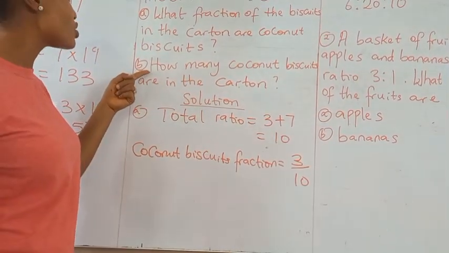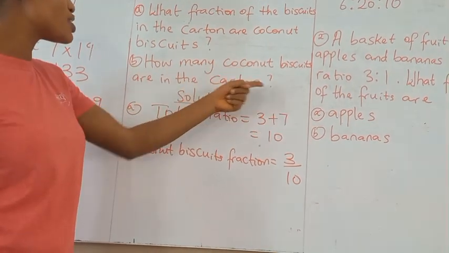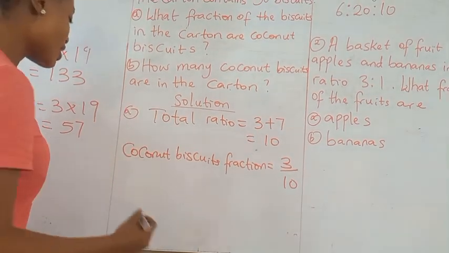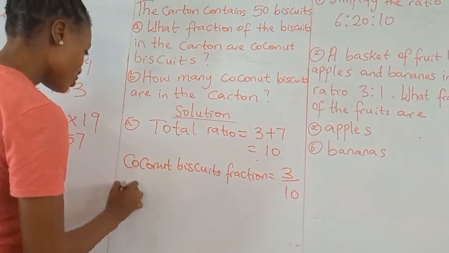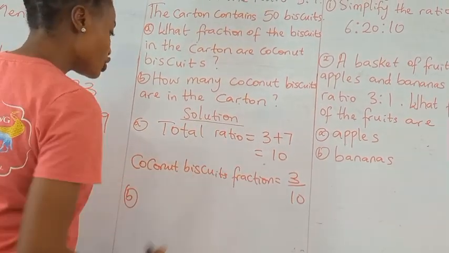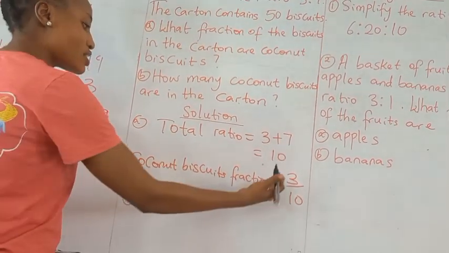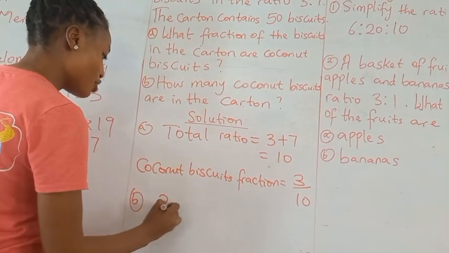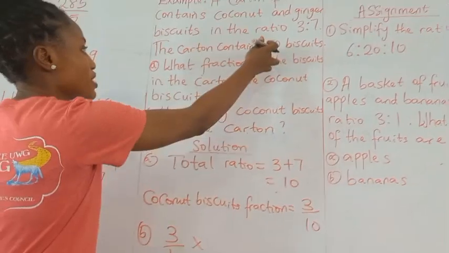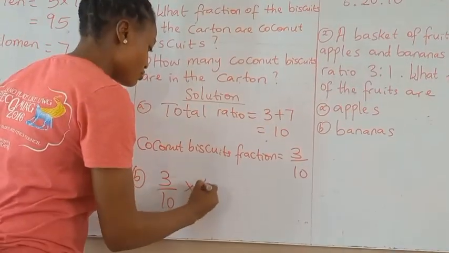Now the second question. How many coconut biscuits are in the carton? Don't forget, you already did the total ratio. So to know how many coconut biscuits are in the carton, that is your fraction, 3/10 multiplied by the total biscuits in the carton, 50 biscuits.